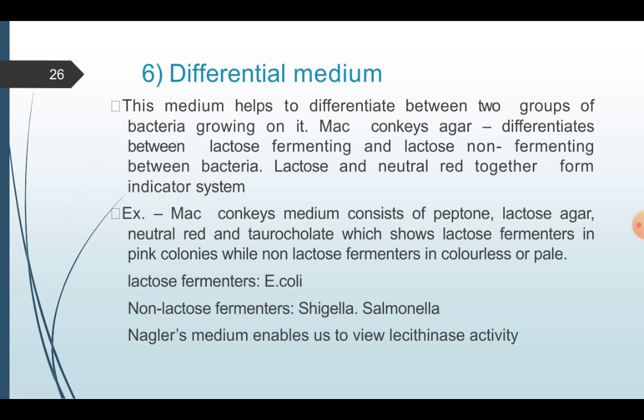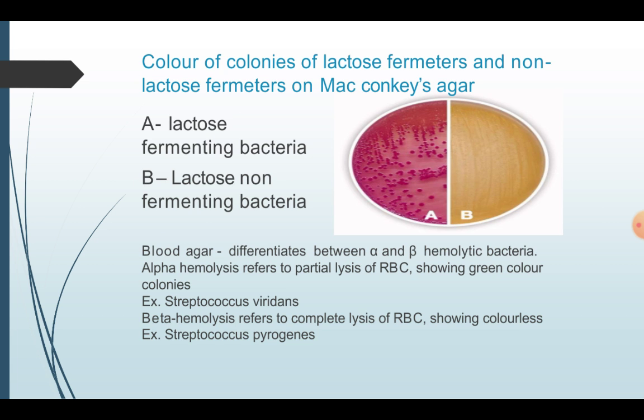Nagler's medium enables us to view lecithinase activity. This shows the colors of colonies of lactose fermenters and non-lactose fermenters on MacConkey's agar: A, lactose fermenting bacteria, and B, lactose non-fermenting bacteria. Blood agar differentiates between alpha and beta hemolytic bacteria.